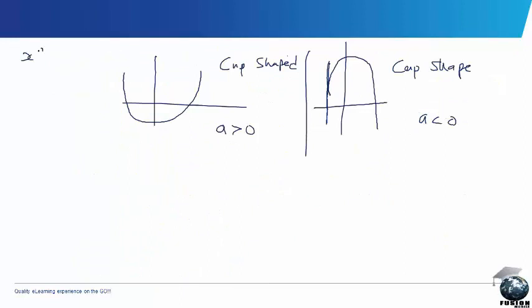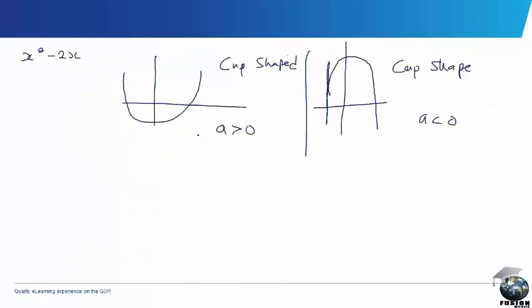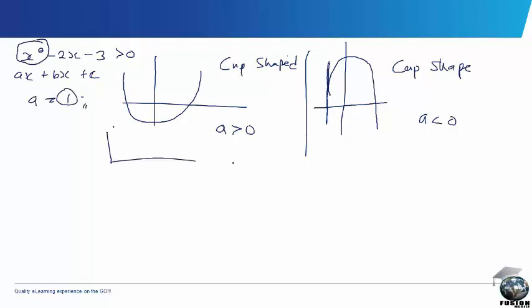Remember ax squared plus bx plus c. From this expression we see that a is equal to 1 and it's positive, so the curve will be cup shaped.